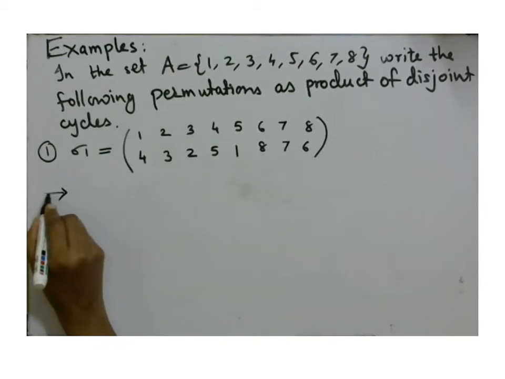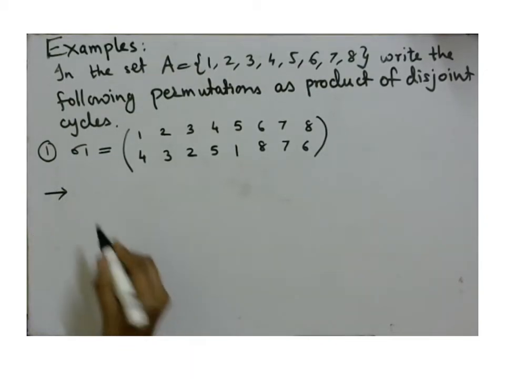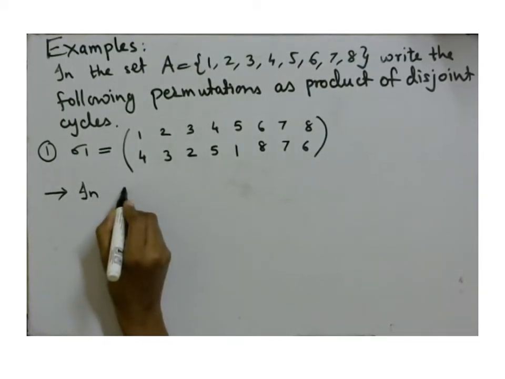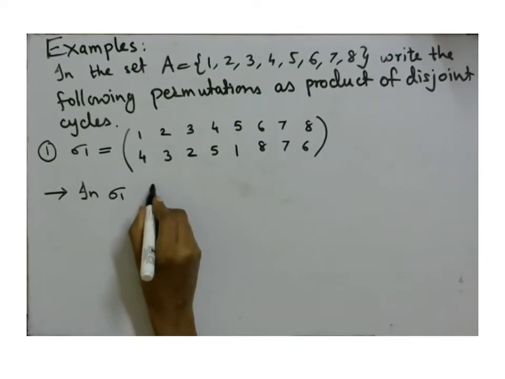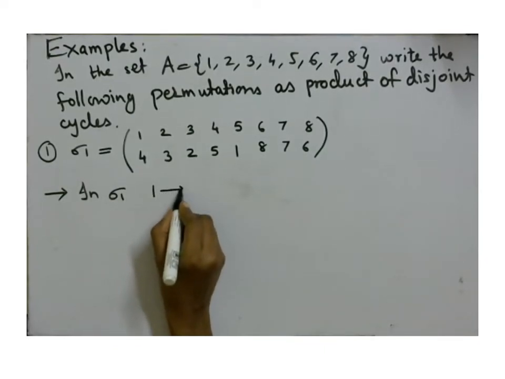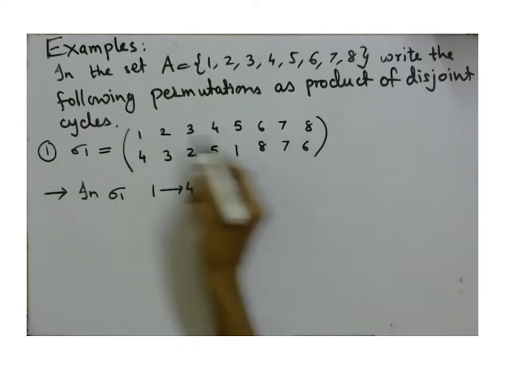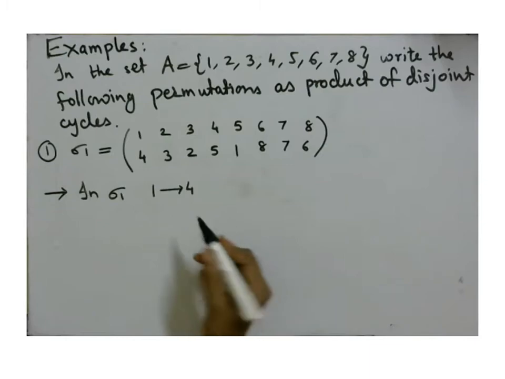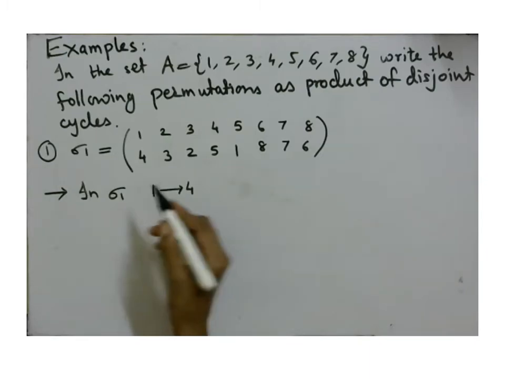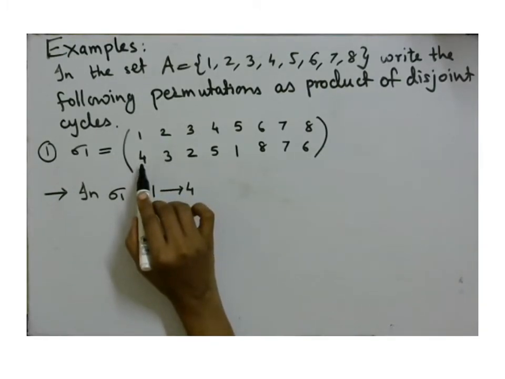So let us write sigma 1 in cyclic notation. What do we observe in sigma 1? That 1 is mapping to 4. You can start with any element from 1 to 8, but usually we start with 1. 1 goes to 4. Now let us see the image of 4.